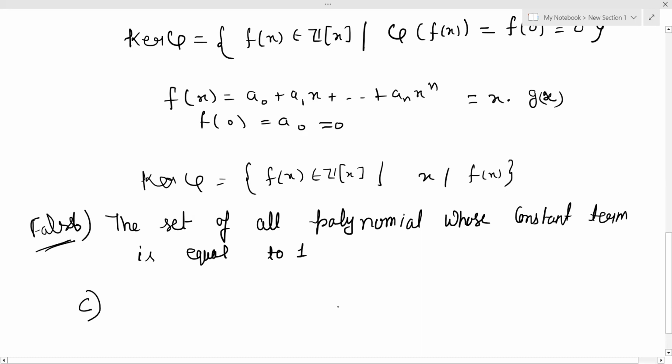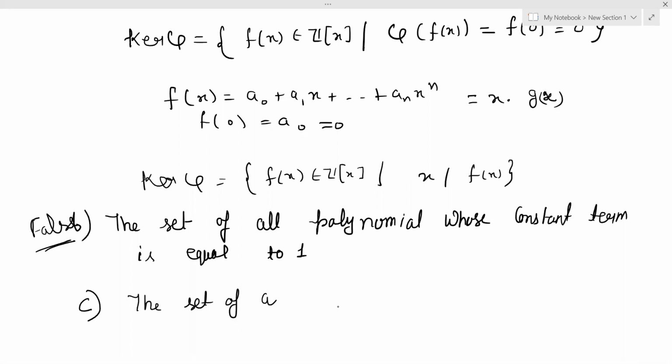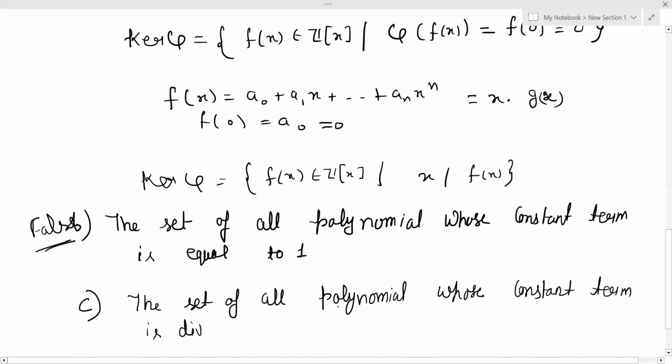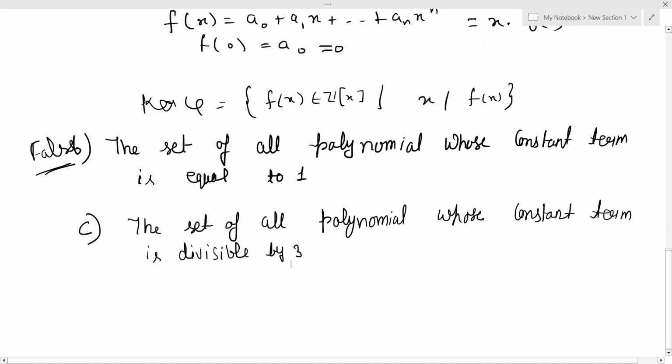Third one, the set of all polynomials whose constant term is divisible by 3. Okay, tell me, is this an ideal or not?